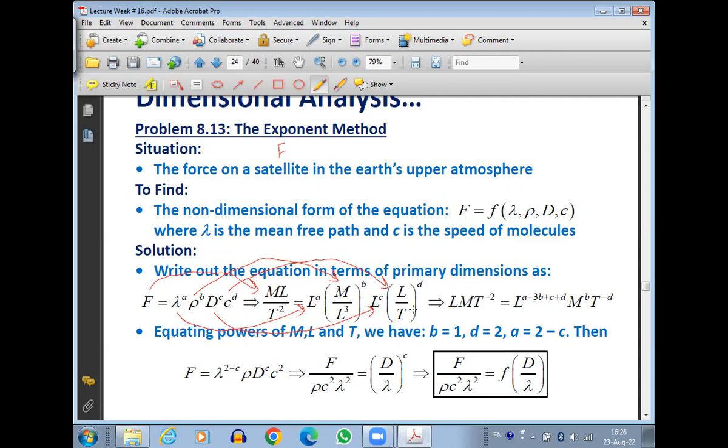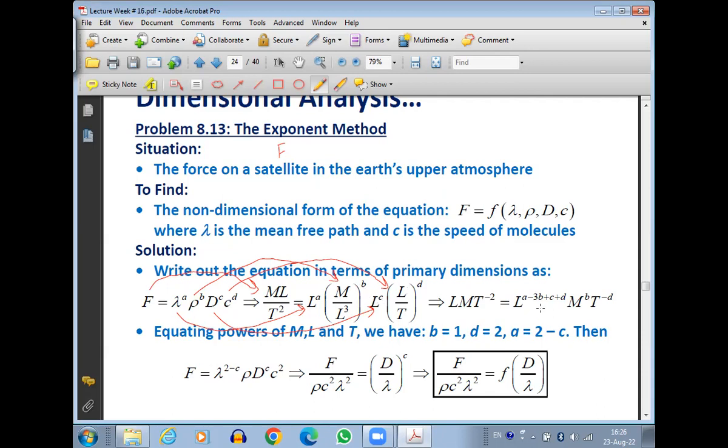Okay. Now it's better to write it in a specific one-line equation format. So I will write L M T to the power minus 2 instead of writing M L by T squared. Then I have to add up all the exponents for L. L will be A here, minus 3B here, C here, D here.